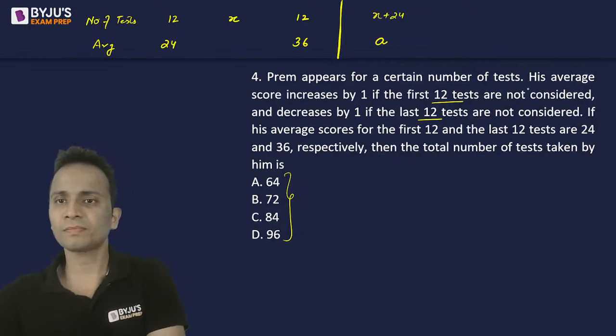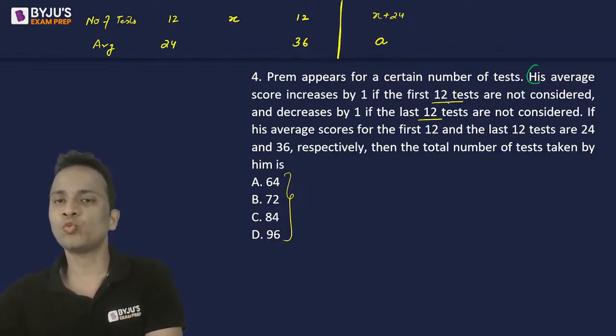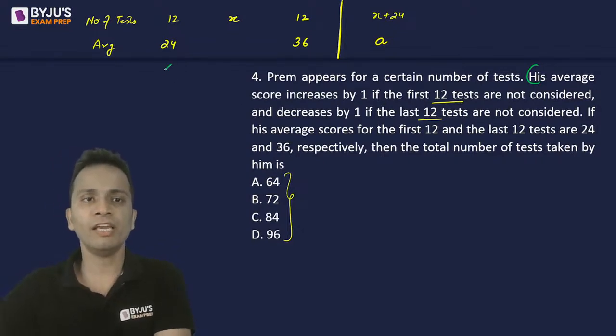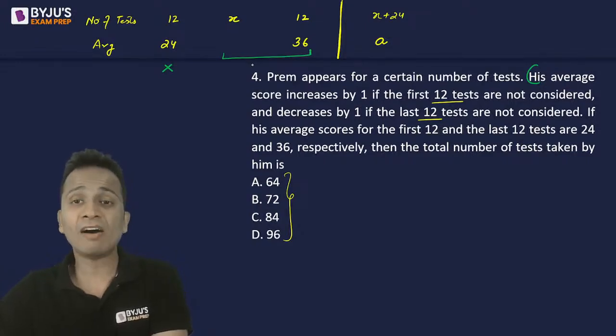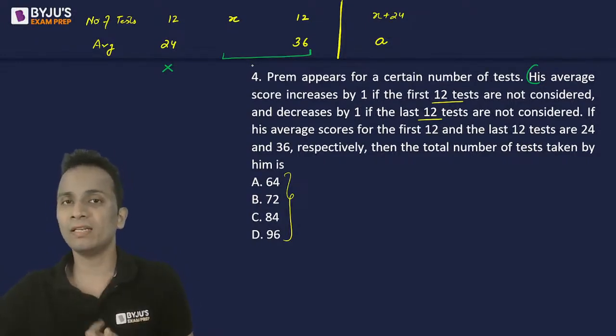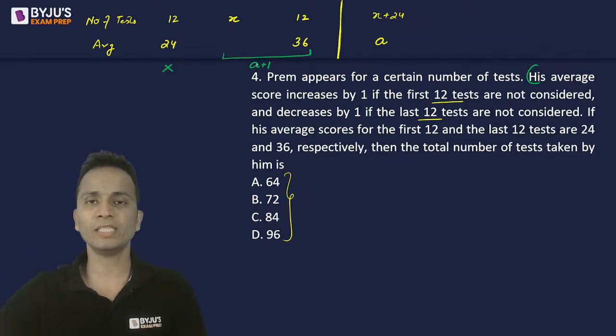Statement number one: his average score increases by 1 if the first 12 are not considered. If the first 12 are not considered, that means for the remaining X plus 12 tests, the average will be 1 more than the average of all the tests. So the average of the remaining is A plus 1.